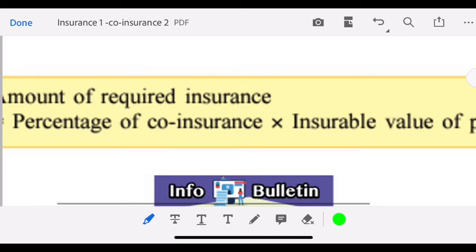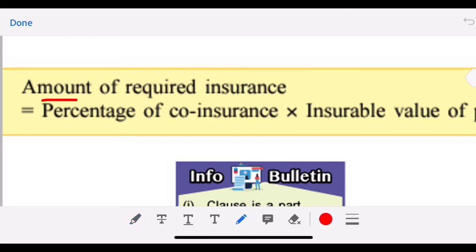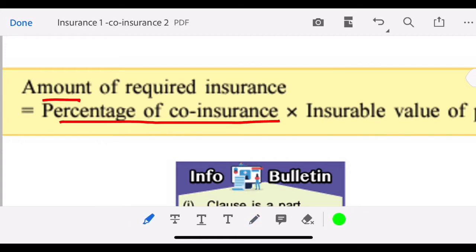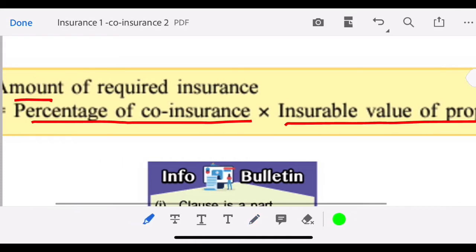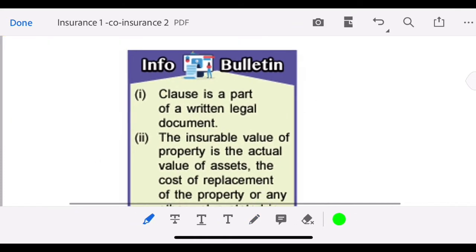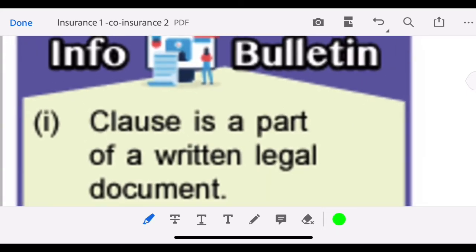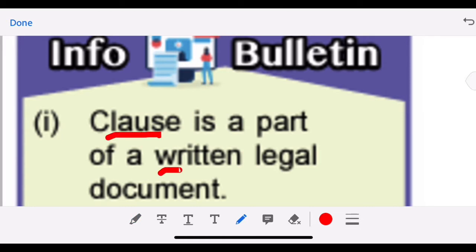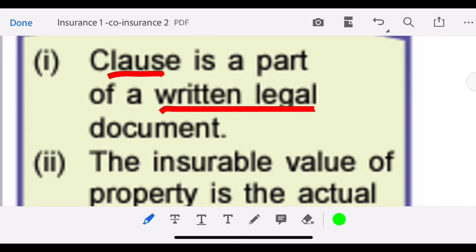Let's try to understand the amount of required insurance. It is equal to the percentage of co-insurance times the insurable value of the property. A clause is part of a written legal document.